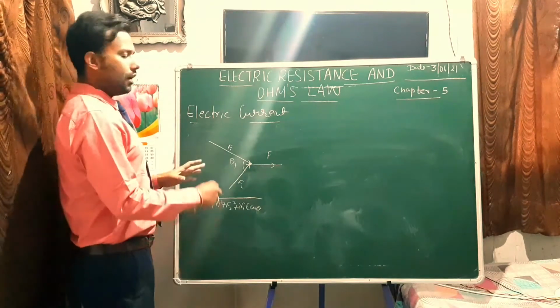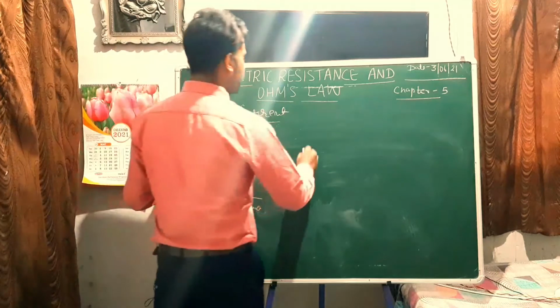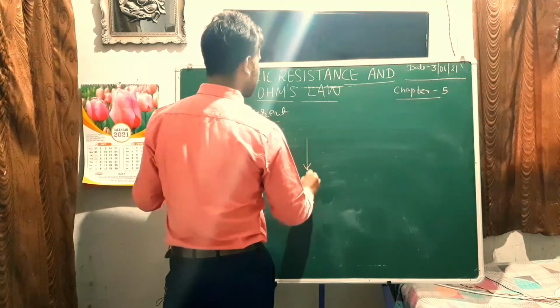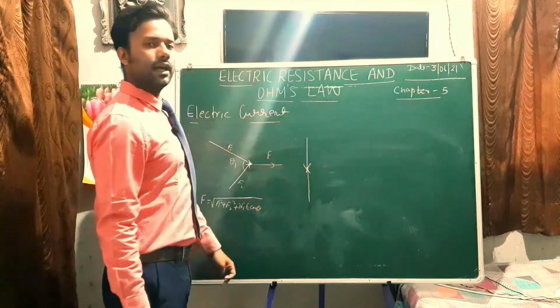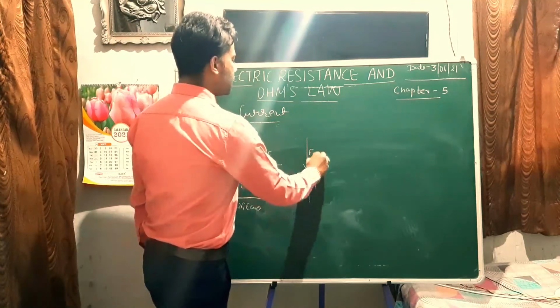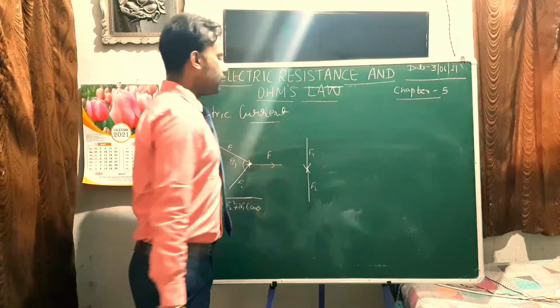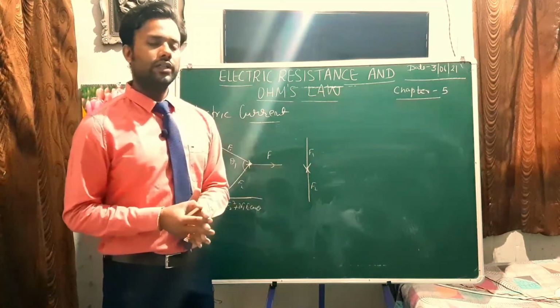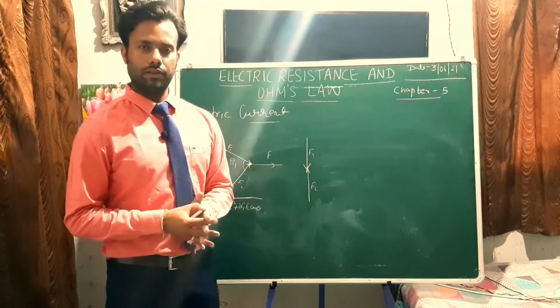Suppose I make the diagram like this. Now the forces acting on this point are anti-parallel to each other, acting in opposite directions.